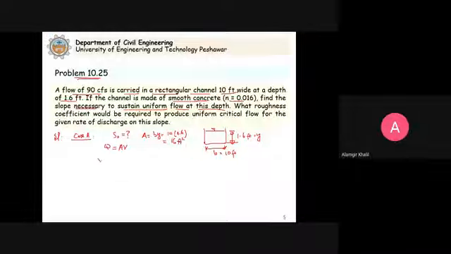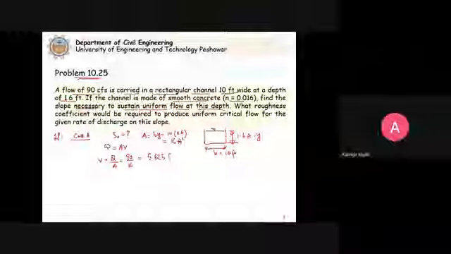The velocity will be equal to the discharge divided by the flow area. The discharge, 90 CFS, divided by 16, so the velocity is 5.625 FPS, feet per second.